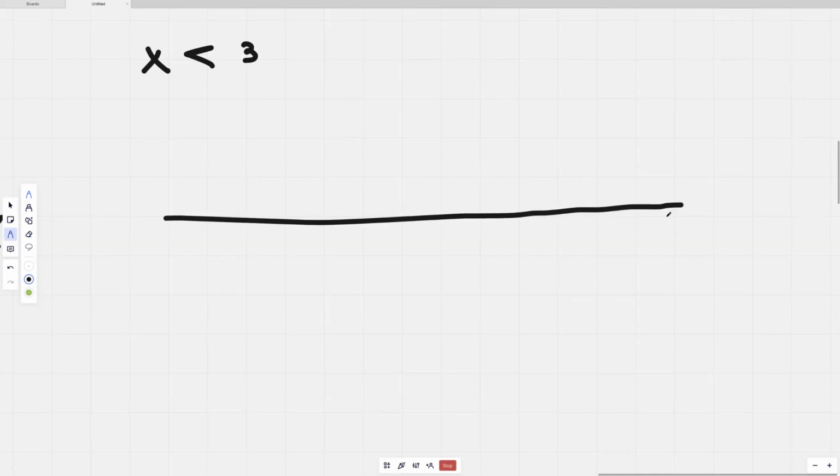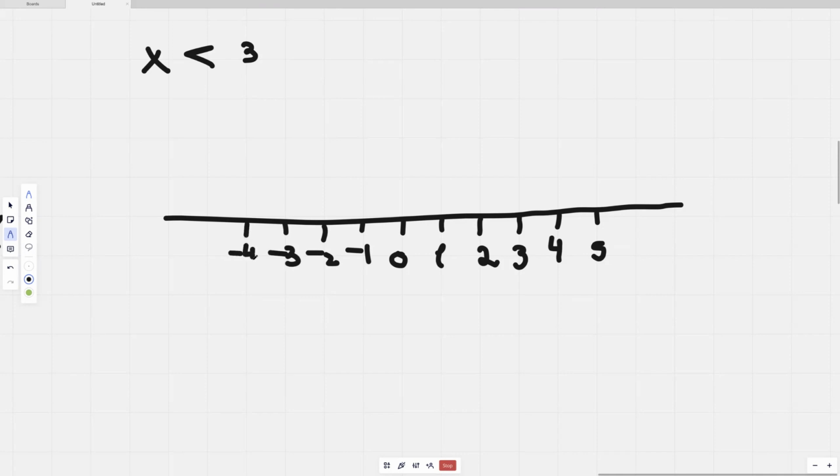So let's say it's 0, this is 1, this is 2, this is 3, this is 4, 5 is enough. So -1, -2, -3, and -4.